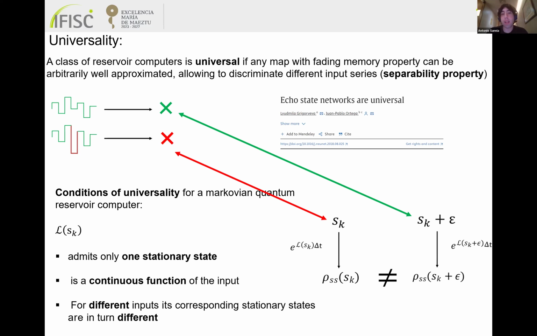And I also want to underline that if we have a Lindbladian that fulfills this property, in general, I think that we can use this property as a guide to find a useful Markovian quantum reservoir. Because typically, having a universal reservoir means that you also have good results in practical tasks in which you're not really using all the class, but even taking some reservoir of this class is a useful thing.